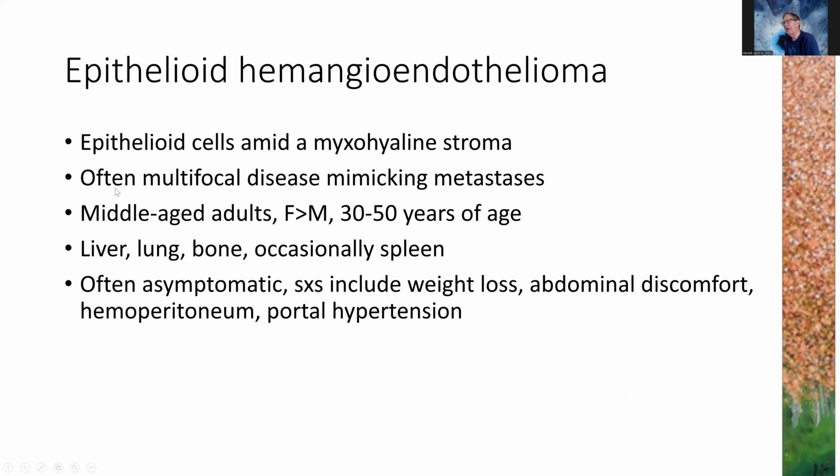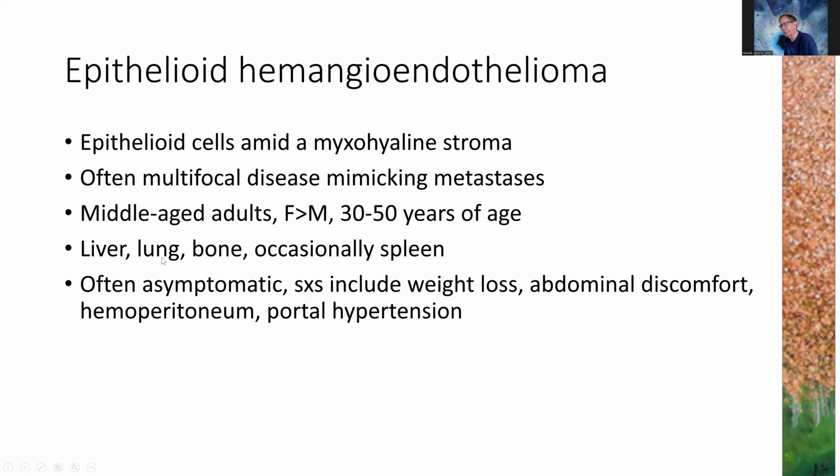Of note, with this lesion, it tends to be multifocal and can often mimic metastatic disease due to other primary tumors. Typically, it's in the young adult age range, such as our patient, or middle age. In terms of primary sites, most commonly it's found in the liver, but lung, bone, and occasionally spleen or other sites can be impacted as well.